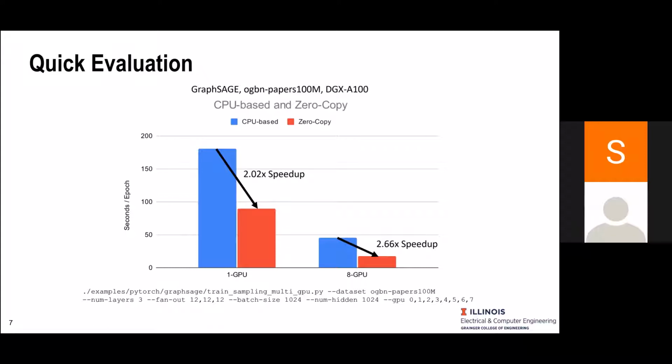But what's more interesting is that if we increase the number of workers or GPUs, the speedup goes up to 2.66 times instead of 2.02. The reason is, as I said before, that with an increasing number of GPUs, the CPU becomes the bottleneck.